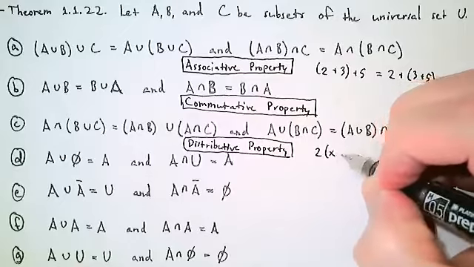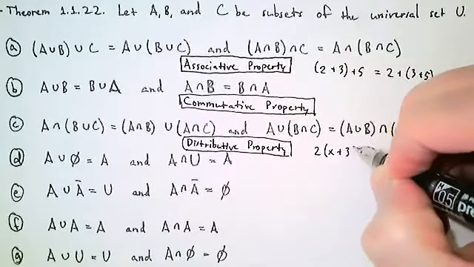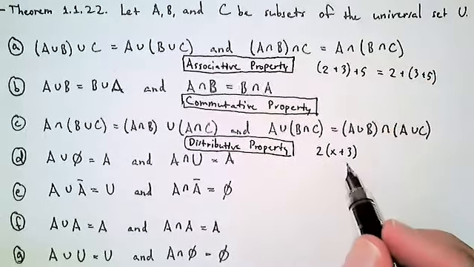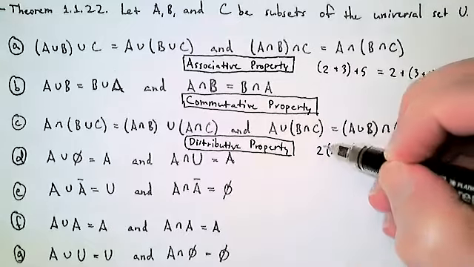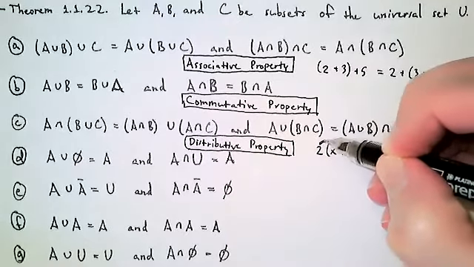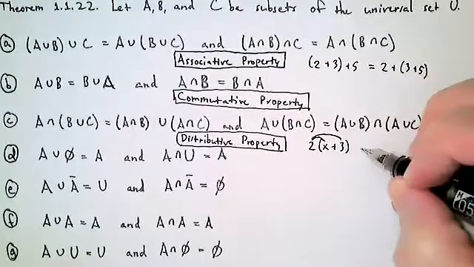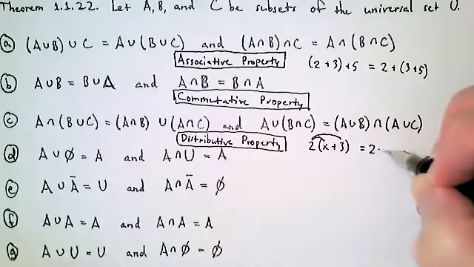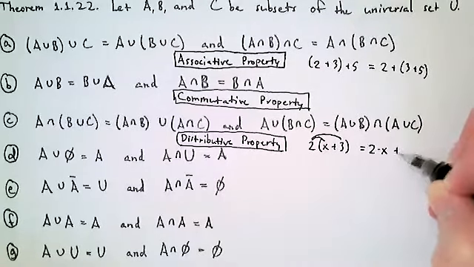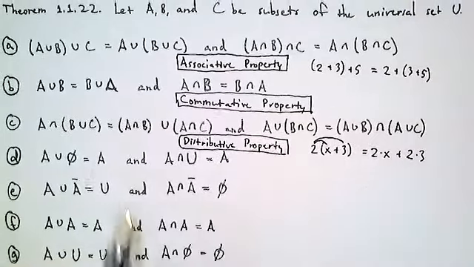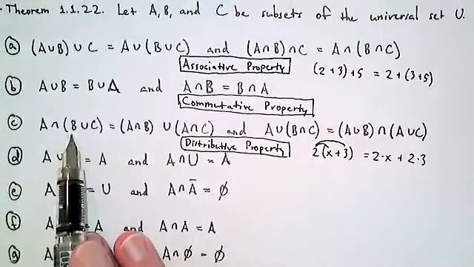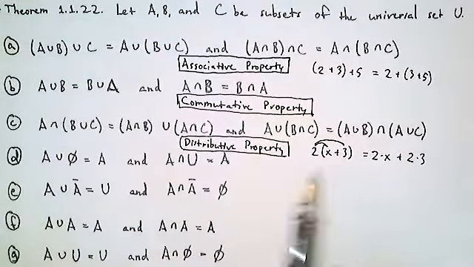So the distributive property is when you have things like this, 2 times something in parentheses, you can distribute the multiplication to each thing inside the parentheses. So it's 2 times x plus 2 times 3. The same thing is going on here, except it's sets instead of numbers.